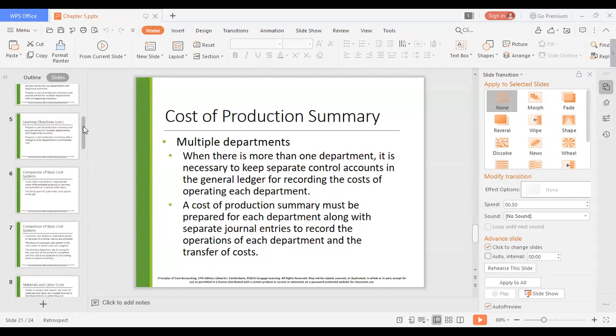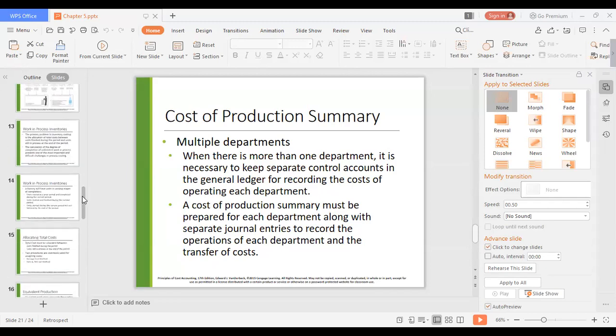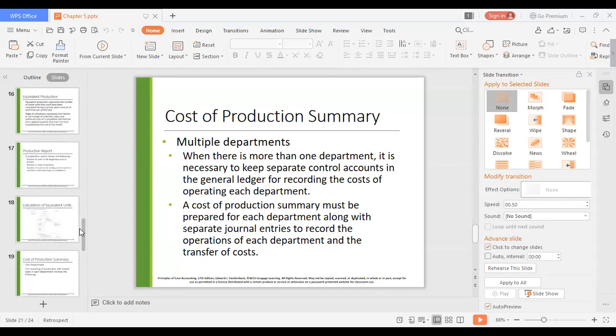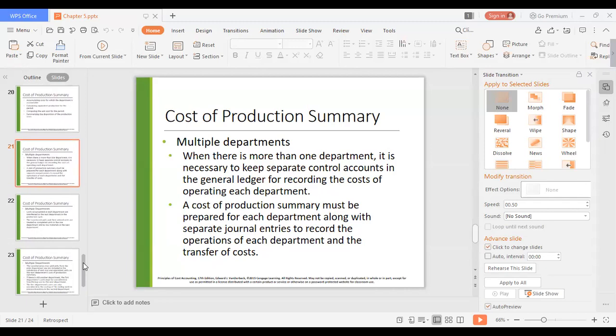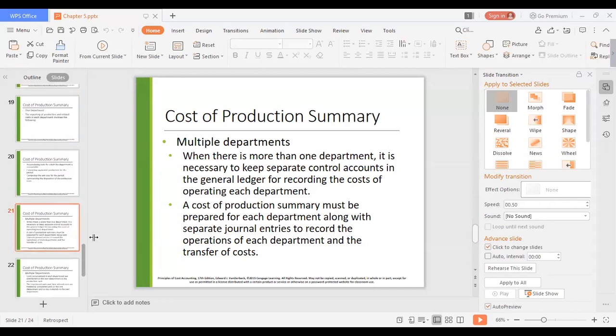So what we are going to do now is to compute the equivalent production or the unit output for the month for each of these given situations. Okay? I'll pause for a while.